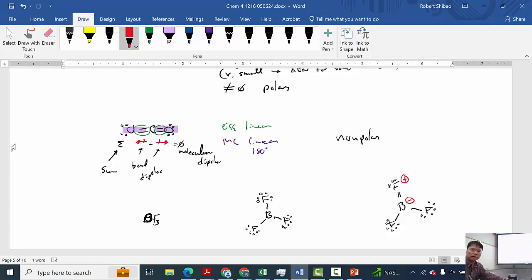On boron it's -1. Now, the question comes up, okay, fluorine lost to boron, but fluorine's very strong. Is boron very strong? No, boron's very weak. Fluorine is at the top of the electronegativity chart. Do you know what the highest number for electronegativity is? 4.